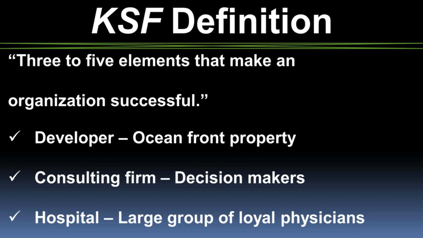Consider a real estate developer that owns prime, undeveloped oceanfront property in South Beach, Florida. That developer has a very high chance of success regardless of other business-related variables. Next, consider a consulting firm where the principals know very well the key decision makers in many large companies that often contract with outside parties for assistance with major business decisions.